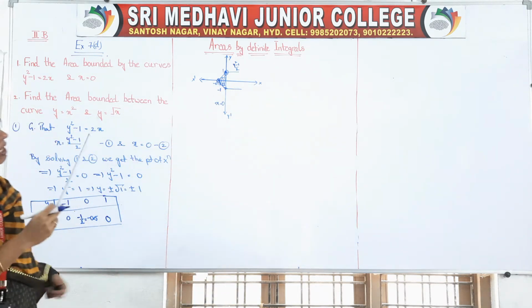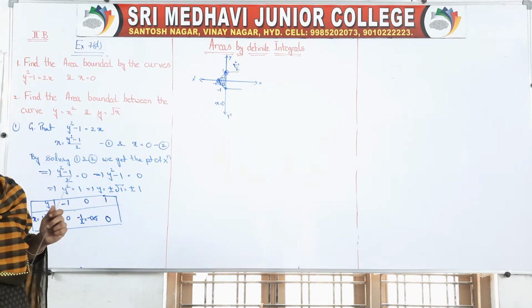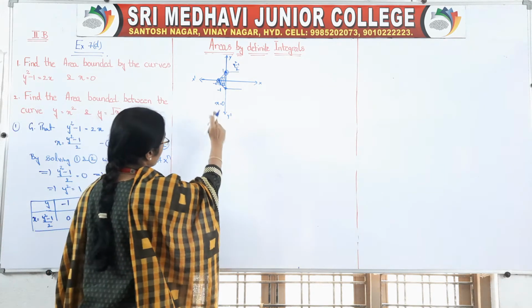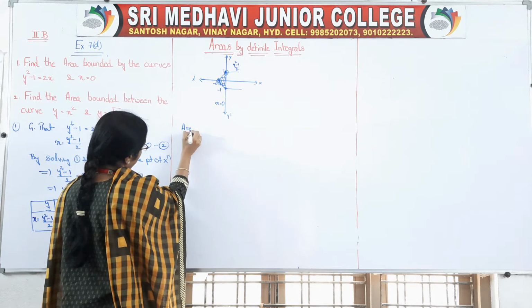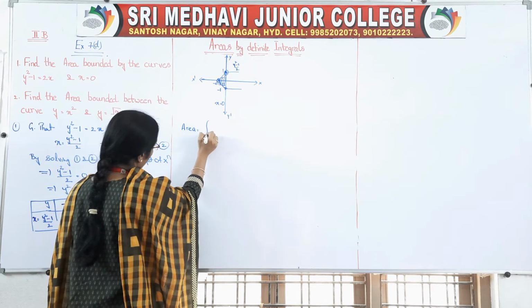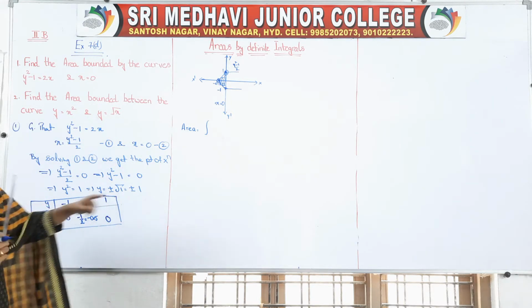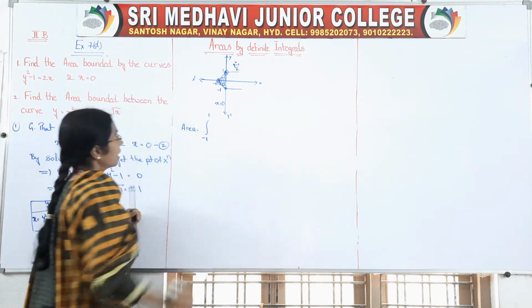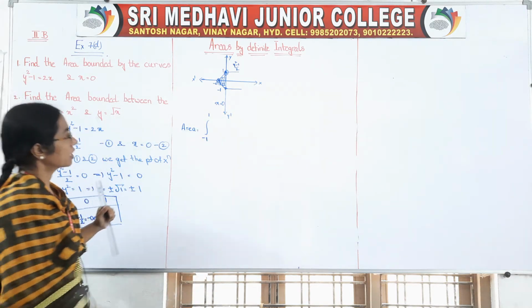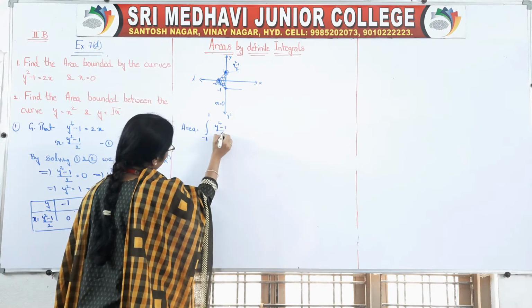If you observe, your area is to the left side of the y axis. So area is equal to, our y values are minus 1 to 1, and the curve equation is y square minus 1 by 2.